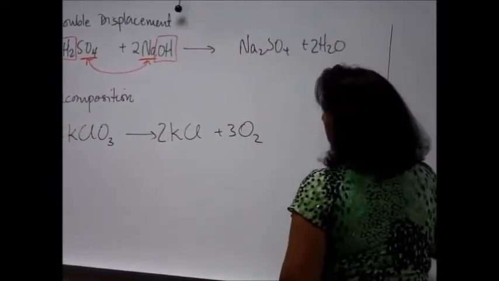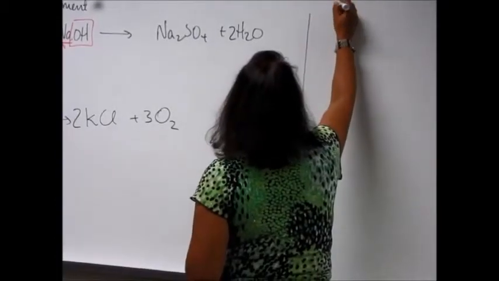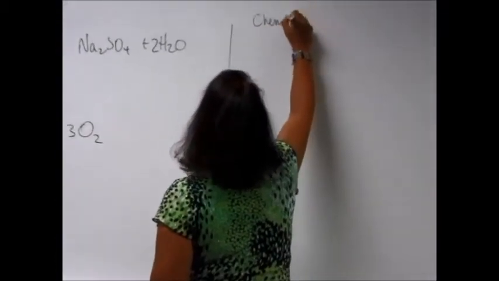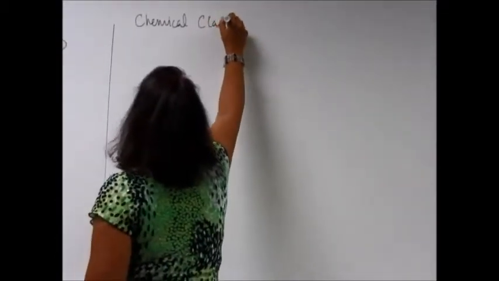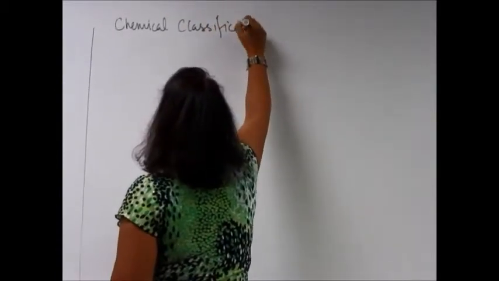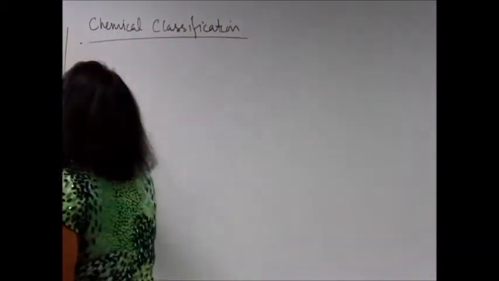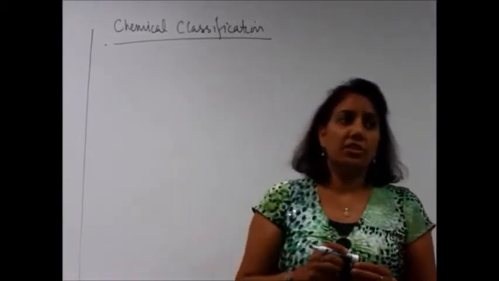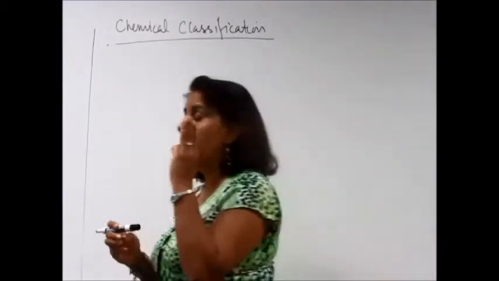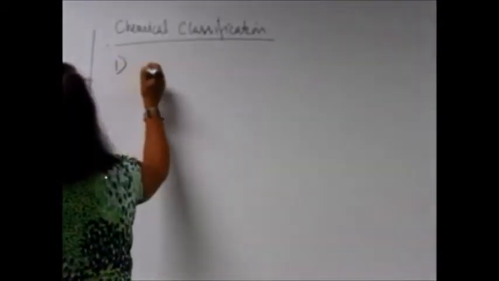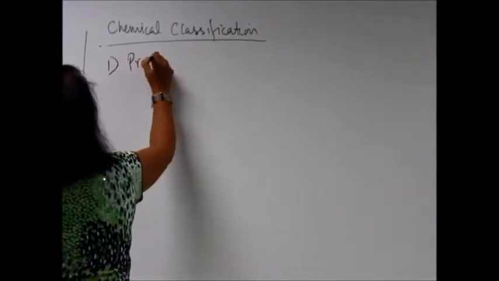The second type of classification is chemical classification, as you may want to call it, I don't know. In the chemical classification of reactions, we have three different kinds of reaction. One is called precipitation reactions.